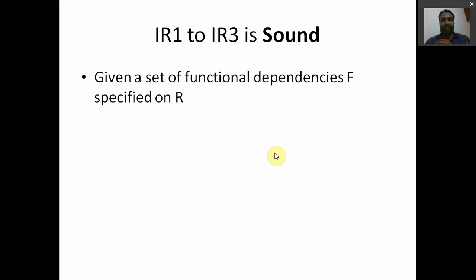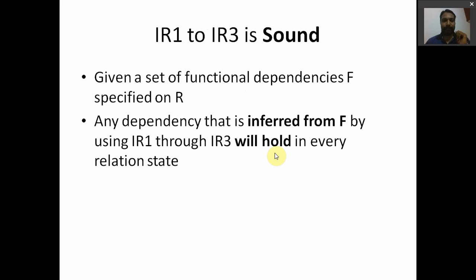Given a set of functional dependencies F specified on R, any dependency that is inferred from F by applying these three rules, IR1 to IR3, will also hold in every relation state of R. That is, if you have F specified on a particular relation, all the functional dependencies inferred from F by applying these three rules will also hold on that particular R. So that is why it is known as sound.